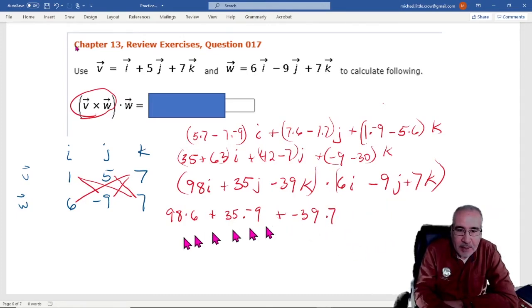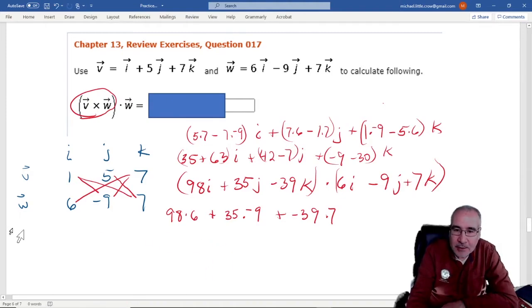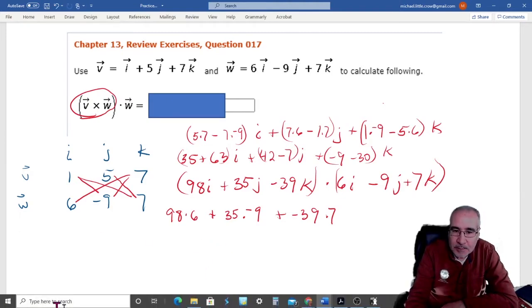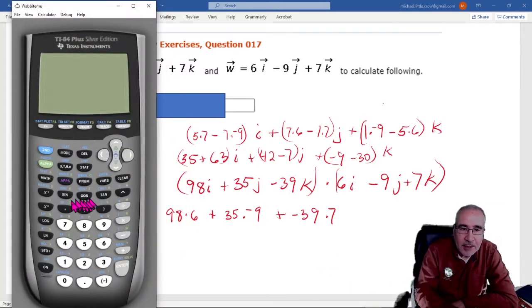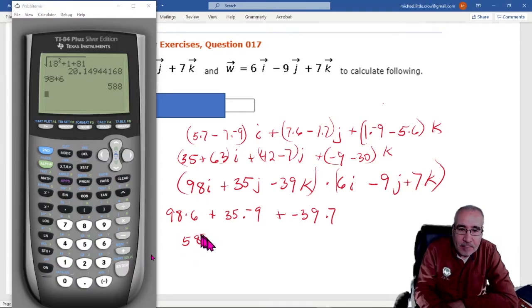Okay, so we got some larger numbers here, so let's go ahead and pull up the calculator. 98 times 6 while we're at it. It's 588. 35 times negative 9.